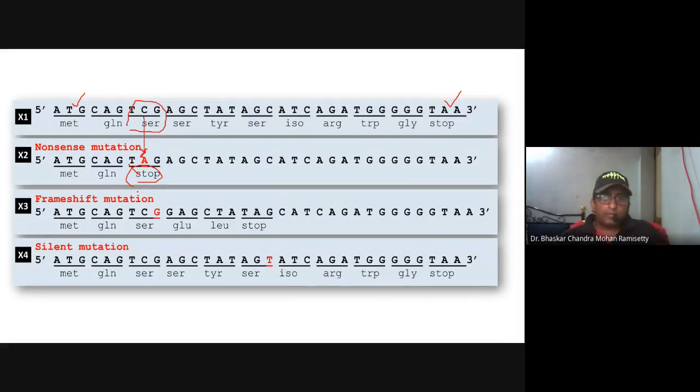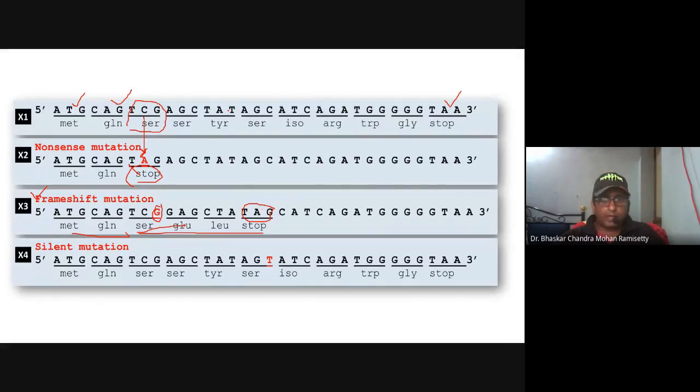Then you have a frame shift mutation, that is because of insertion of one base, and it could be deletion as well. The reading frame from here onwards, these two are the same as the original X1, and from then on they have changed because of the shift in the frame, and there is now a new start codon.